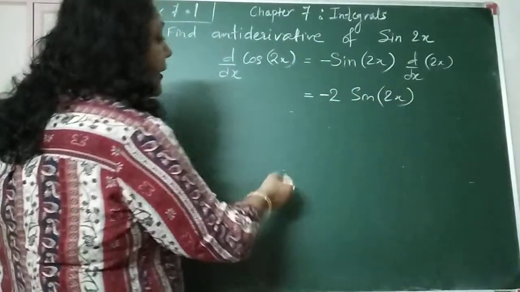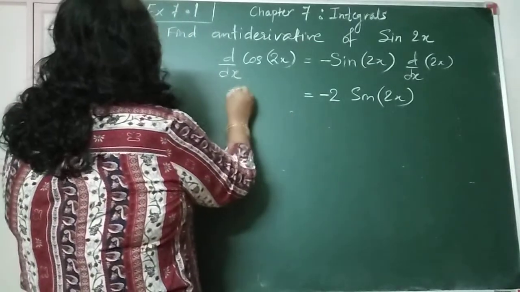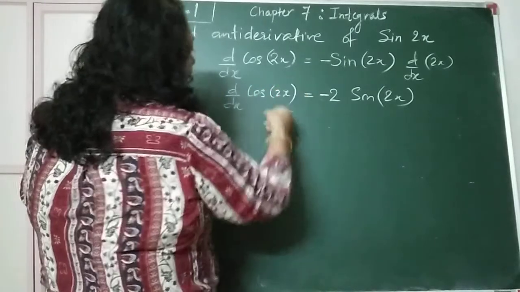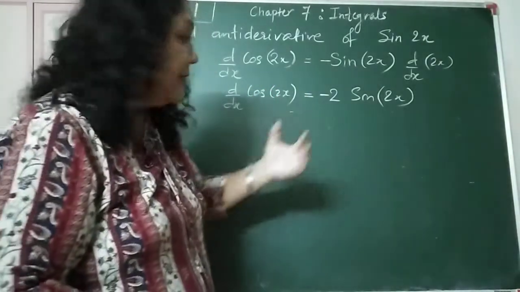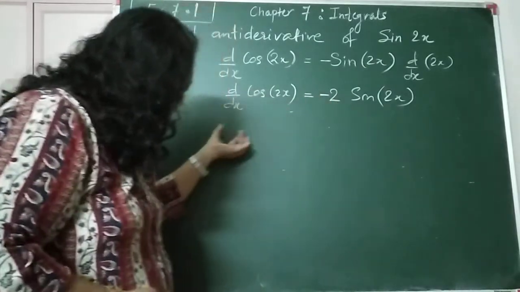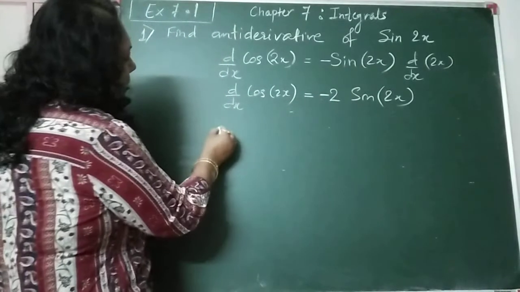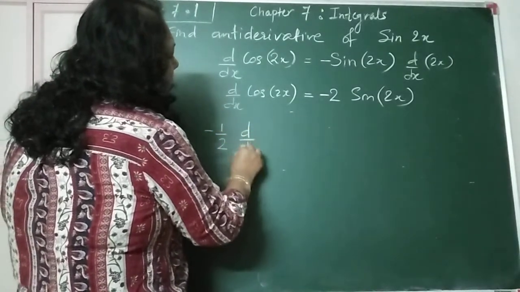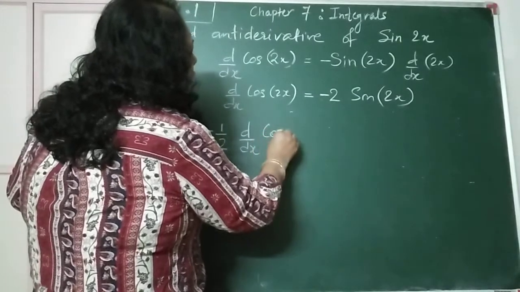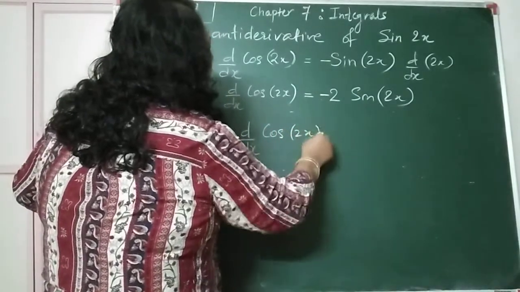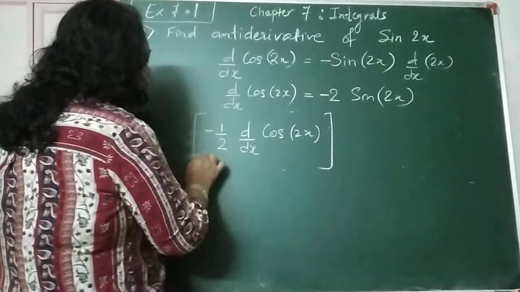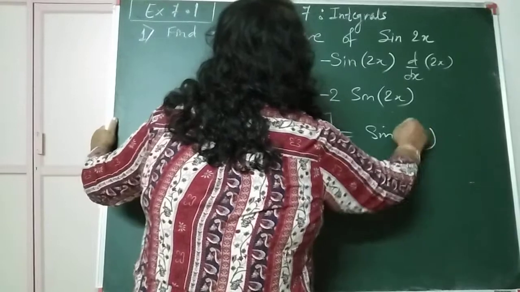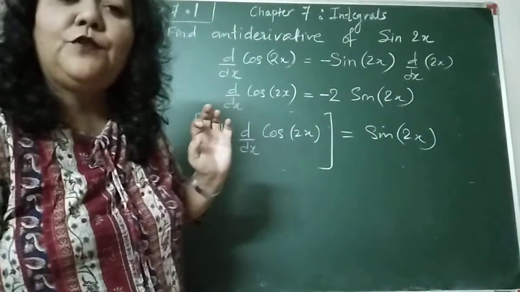Now, next step, this was d by dx of cos of 2x. Now I bring down this minus 2 to cross multiply it over here. So I will have minus 1 upon 2 into d by dx of cos of 2x, and this whole thing is equal to sine of 2x.